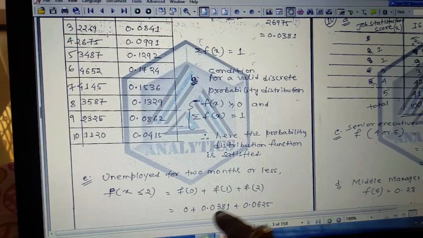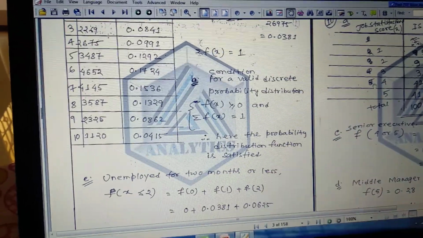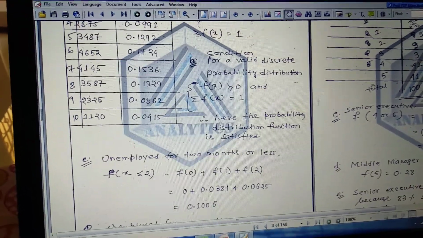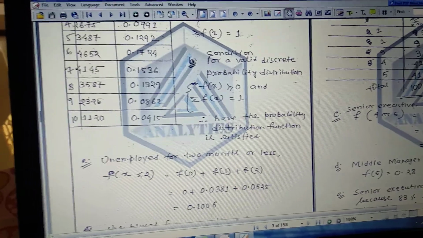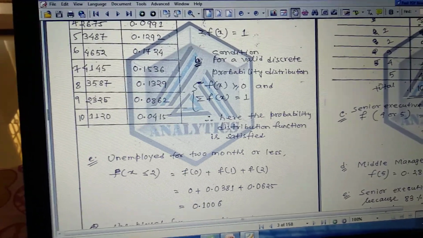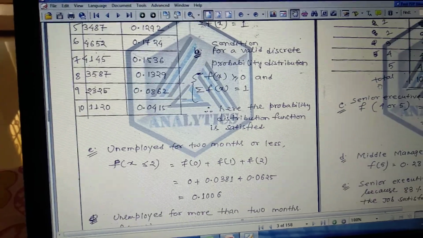Taking the total, we get 0.1006. That is the probability of a person being unemployed for 2 months or less.